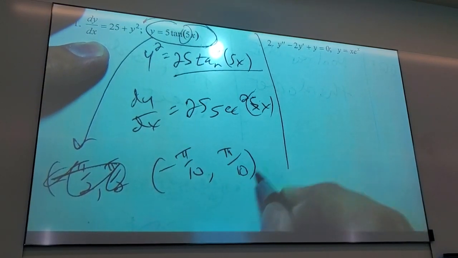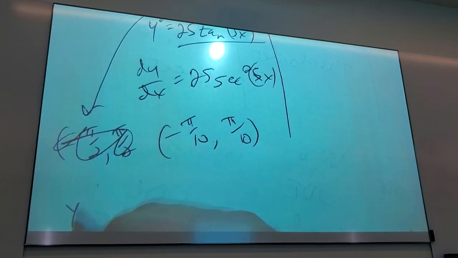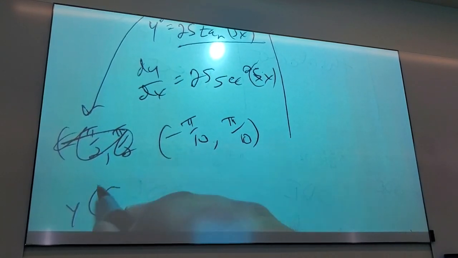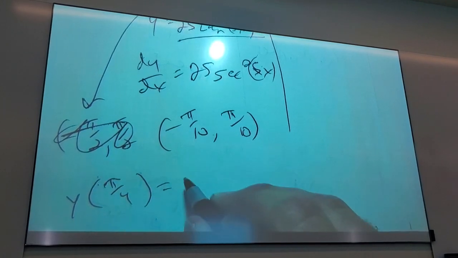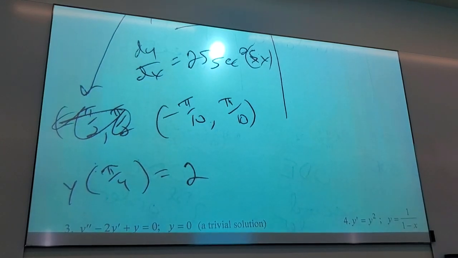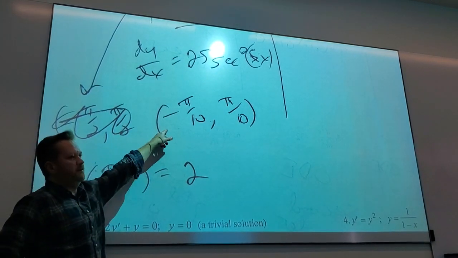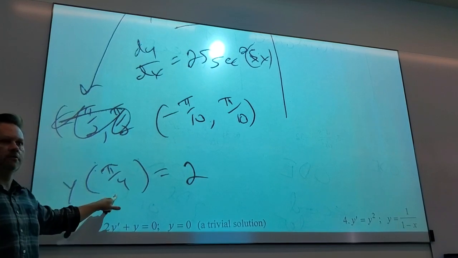What if the problem had given me an initial condition? Something like this. Let's say y of pi over 4 equals 2. Is this interval appropriate considering this initial condition?